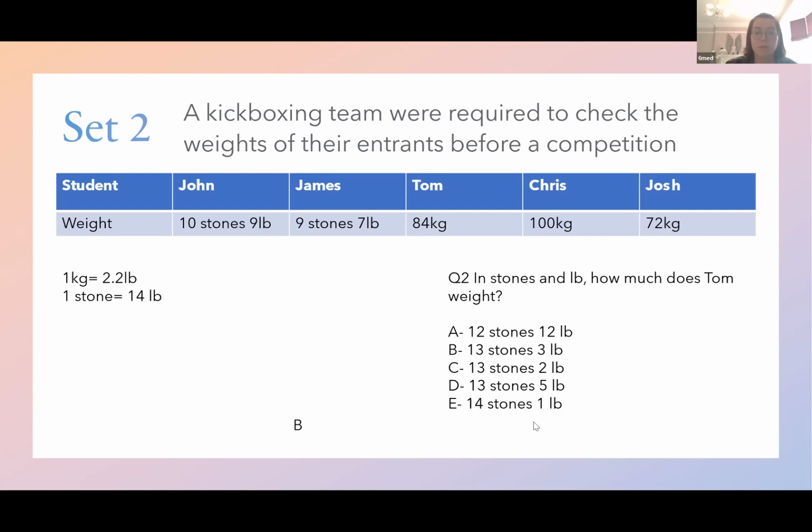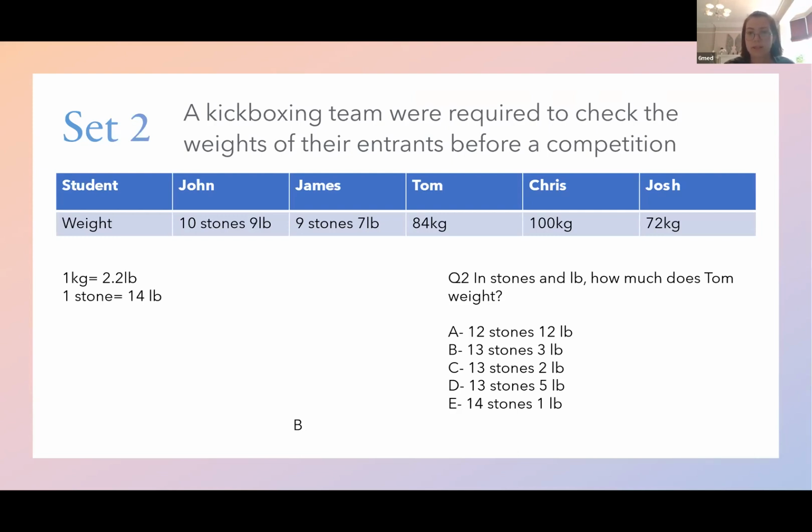So 0.2 of a stone, for example, isn't going to be 2 pounds, which I think is where people have gone wrong. You don't want to use decimals in this, because you're going to get confused, because there aren't 100 pounds in a stone. So you can't use decimals. Or if you do use decimals, you need to convert the decimal into the pounds, because there's 14 pounds in a stone. There's not 100.